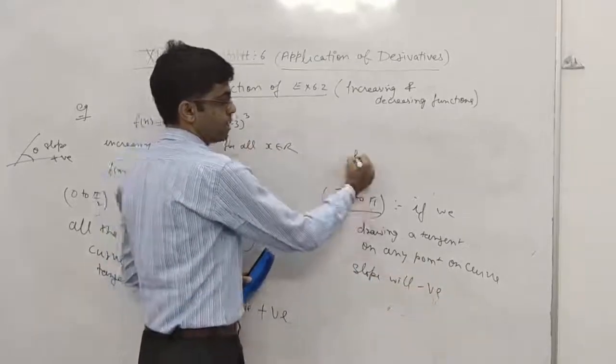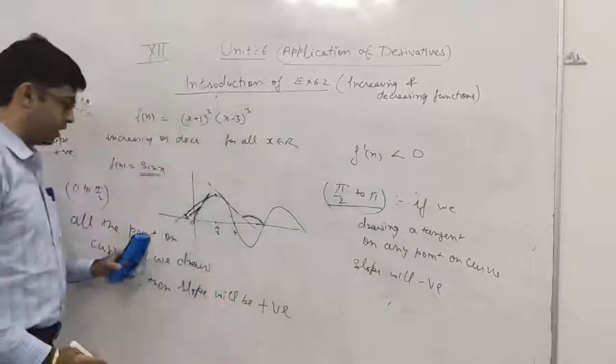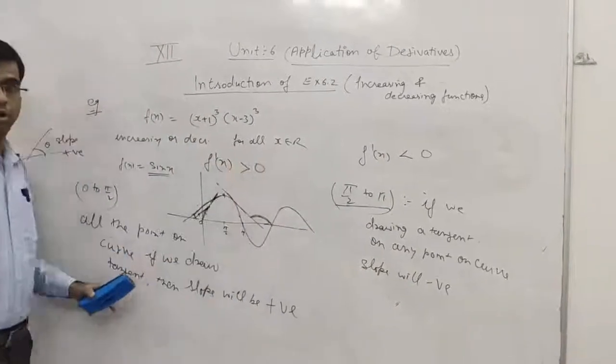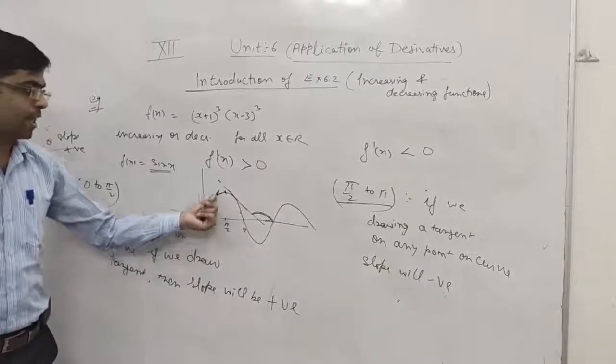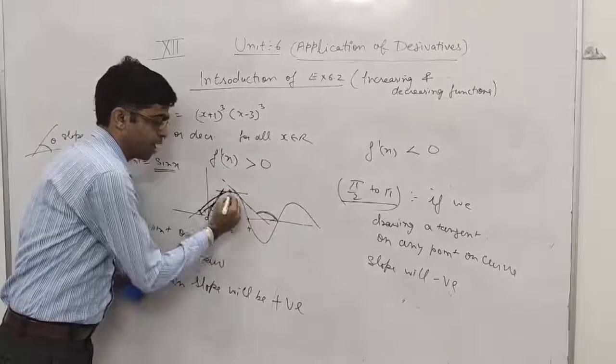Slope means f dash x. So f dash x will be negative here, and in the previous case f dash x will be positive. And such a position can also come where the tangent is like this, just parallel to the x axis.